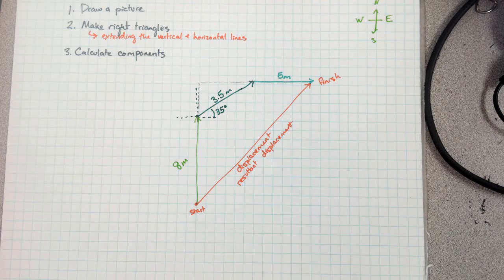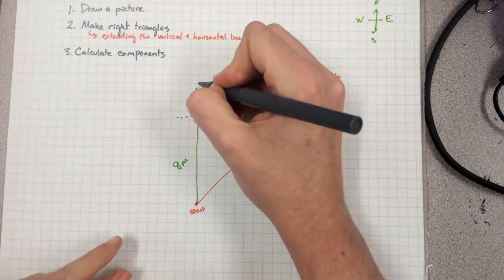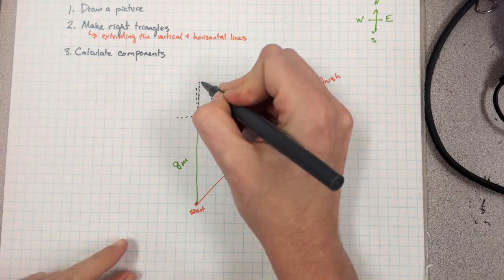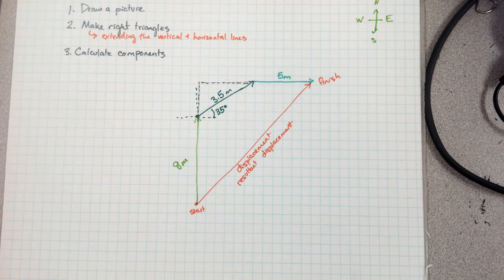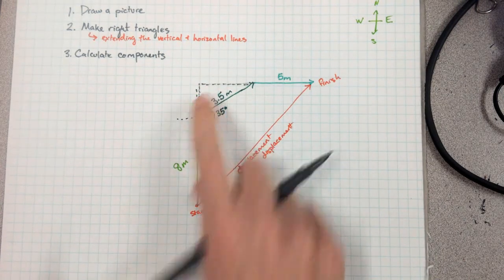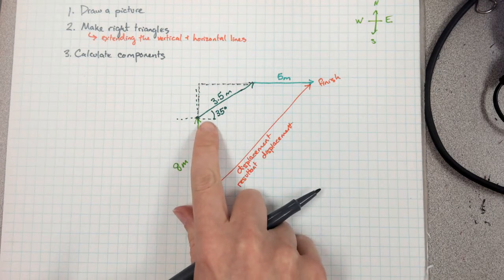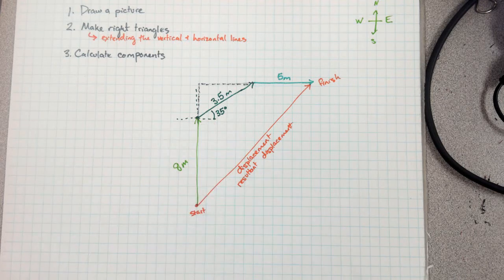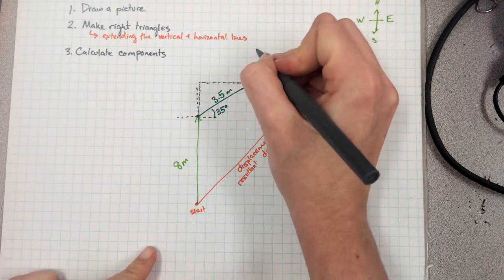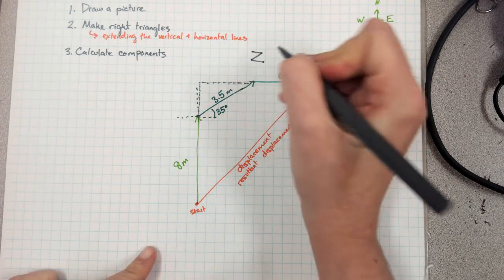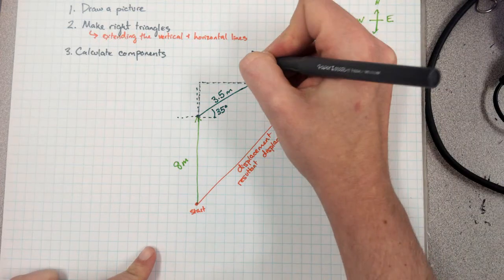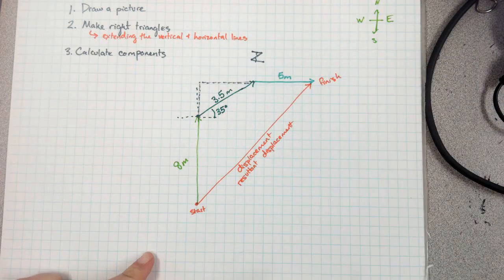Now this one, I'm going to add some more lines here because, especially the way I drew it, I see my triangle, but I don't know how to calculate the components with this triangle because my angle is outside of that triangle. So there's two things you can do. You can either remember that in geometry, if you have two parallel lines that make a Z, the inside angles are the same.